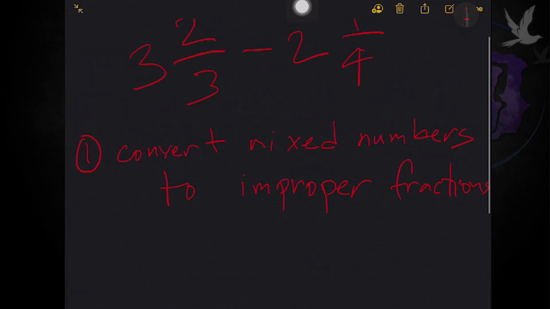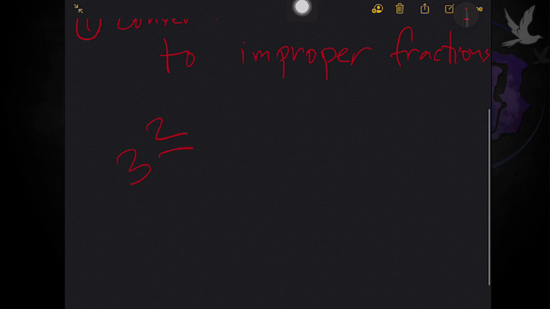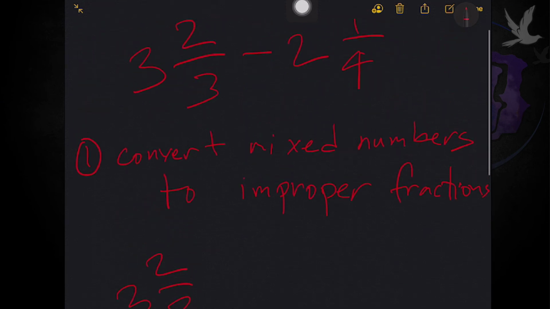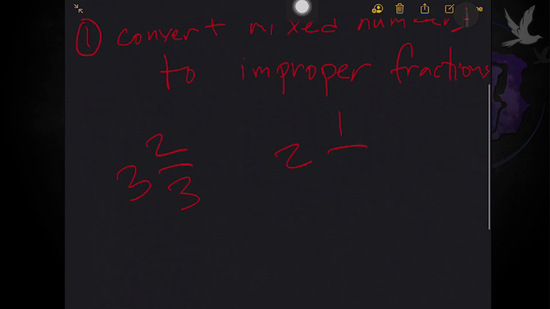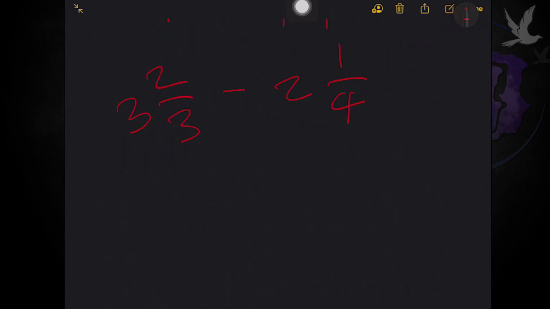So if you notice that we have 3 and 2/3 and our 2 and 1/4. Okay. How do we change mixed numbers to improper fractions? First, you take the denominator and multiply it with the whole number.